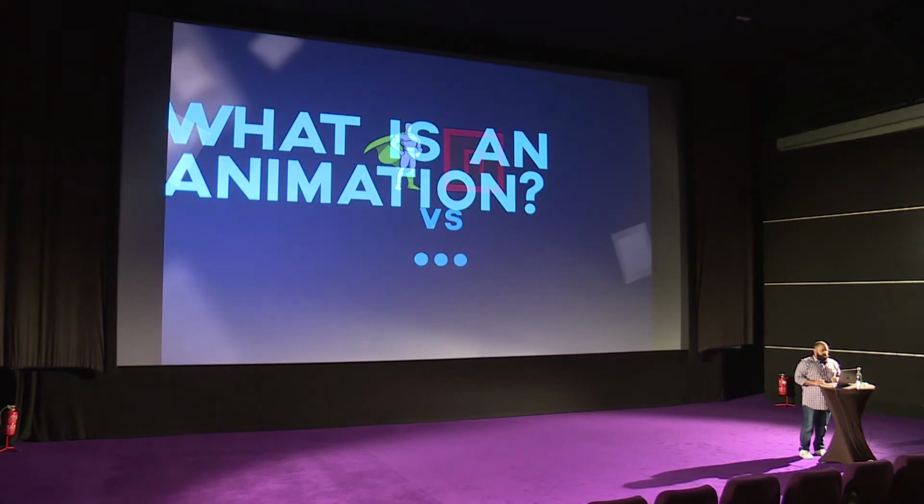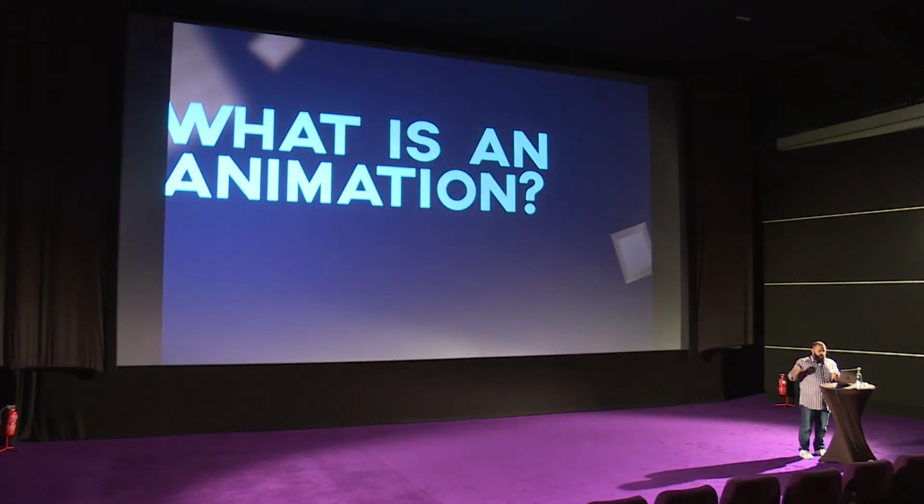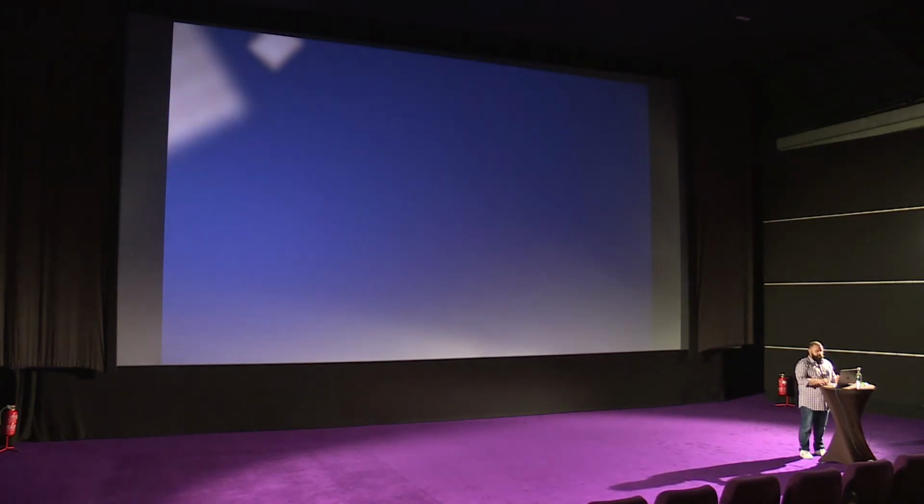But for the beginning, I would like to talk about the basics. For you guys, what is an animation? If we have this example here, I have my chocolate, and I would like to move it to the other side, like this.